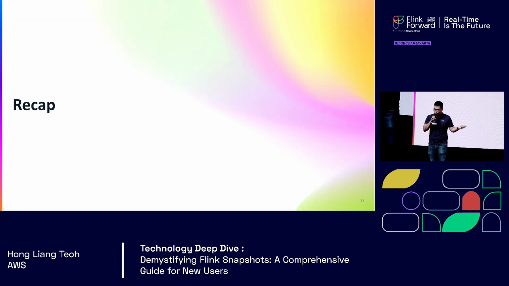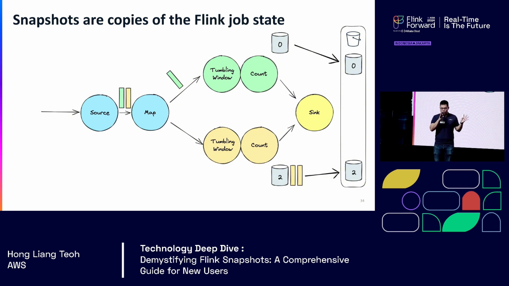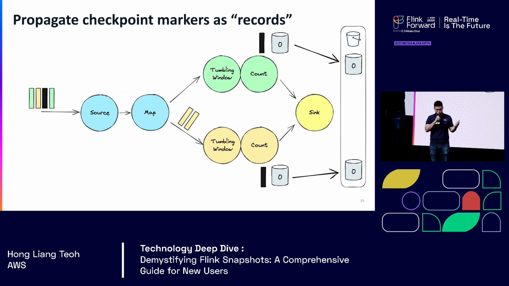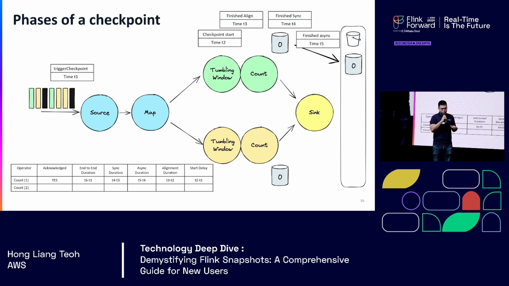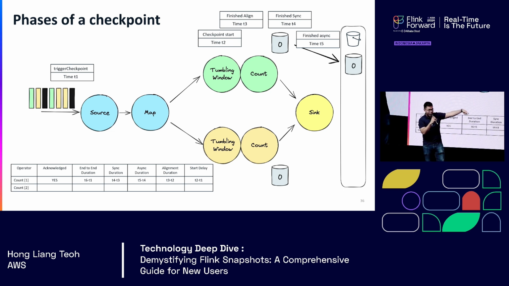So just a quick recap of what we covered. First, we mentioned what a snapshot is. A snapshot is a copy of the Flink job state stored somewhere safe that you can use. We also covered how Flink takes it. It uses checkpoint markers, like a fake event. And then different phases, remember we talked about, so if you have to debug why it's taking so long, you can see where it's taking the time.